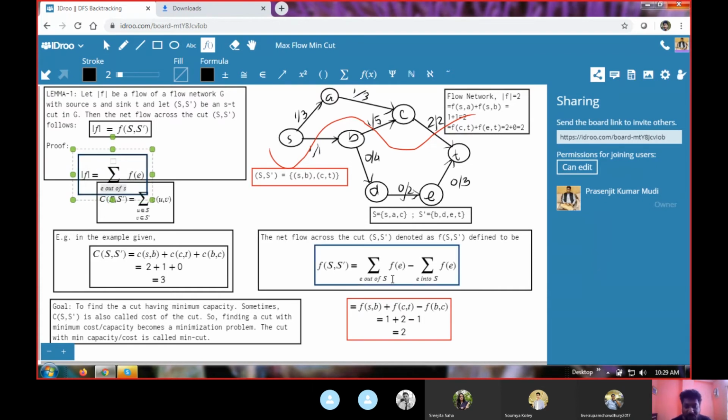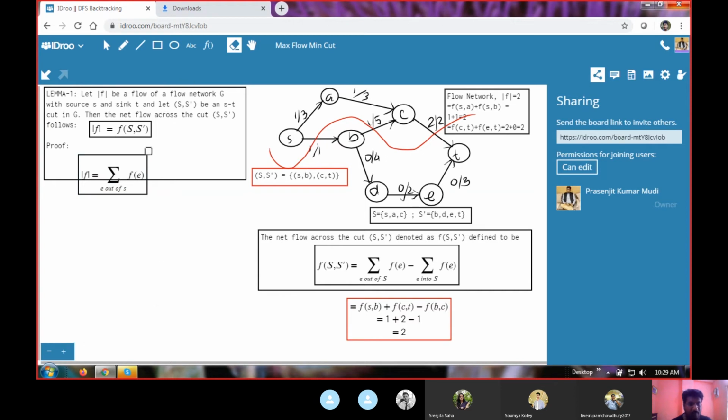So this is capital S, the set of all vertices. This capital S and small s, please try not to be confused. So this is E out of small s.